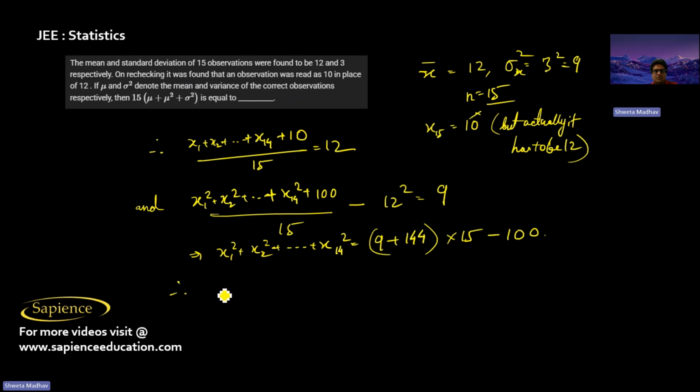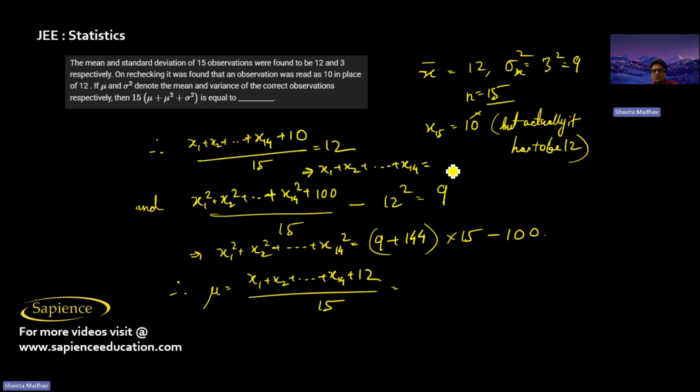Now, the correct mean will be x1 plus x2 plus dot dot till x14 plus 12, by 15. So the sum of x1 plus x2 till x14 will be equal to 12 into 15 minus 10. 12 fives are 60, so 12 into 15 is 180, minus 10, that is 170.